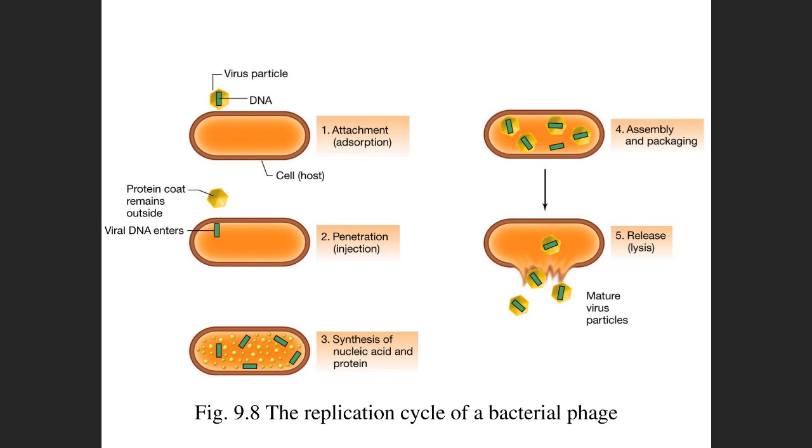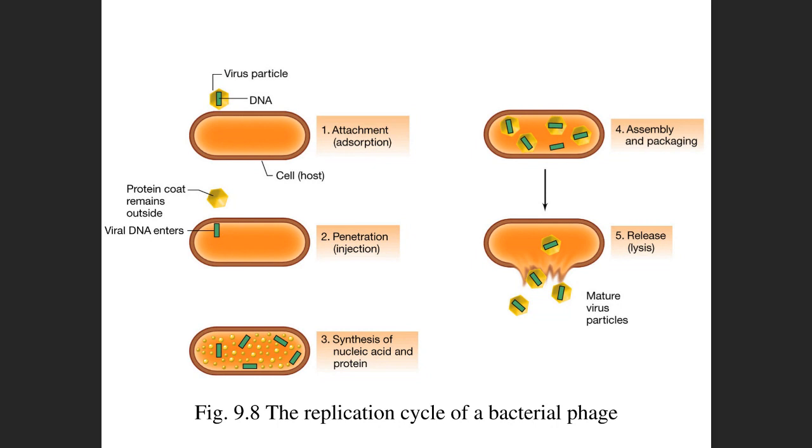But if the foreign DNA is not cut off, it will be used as a template for transcription and translation. Now you have proteins, and the DNA gets replicated. The proteins are synthesized and self-assemble, and in the last stage it releases. These are the general life cycle stages that all bacterial viruses go through.